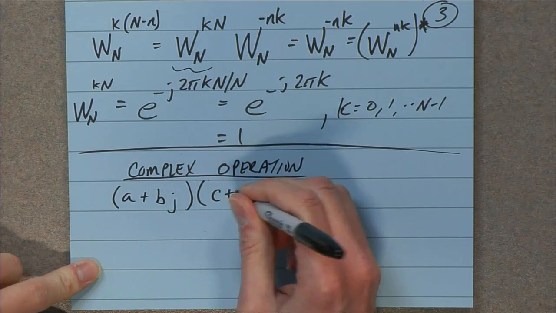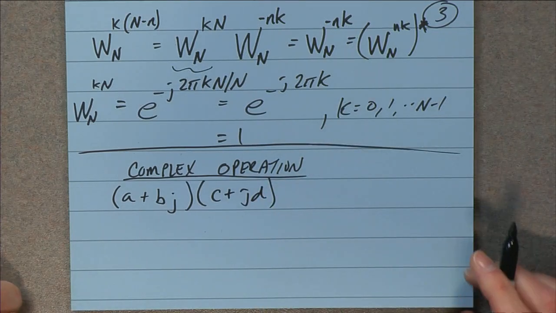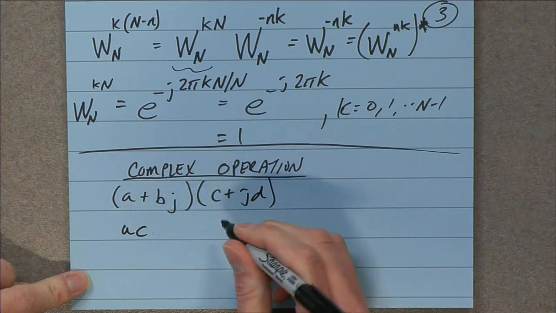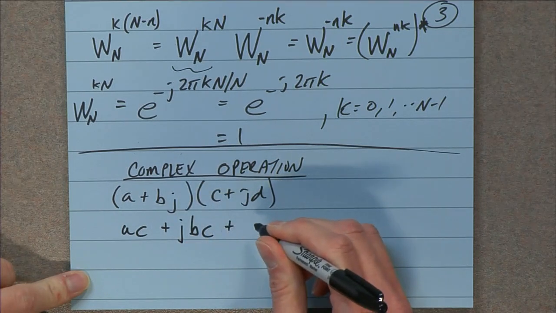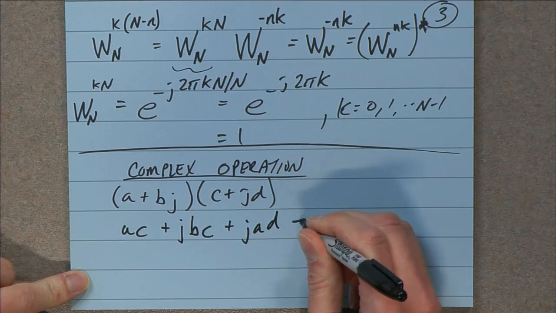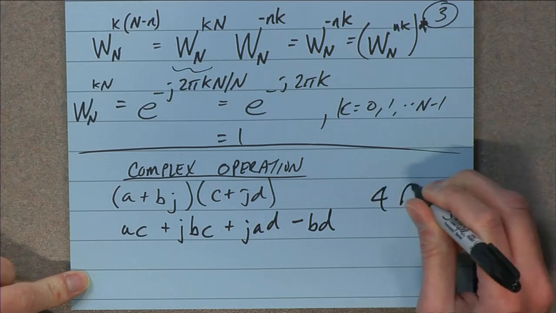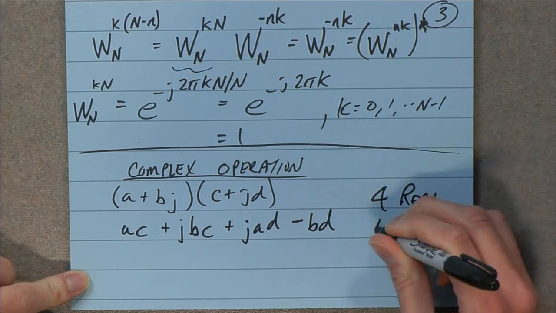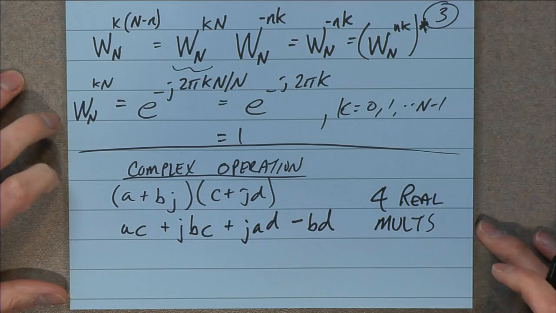So if we had 2 complex numbers in general and we wanted to multiply them, we get AC minus BD plus J, BC plus AD. So that's going to be 4 real multiplies, or mults, so I'll abbreviate.